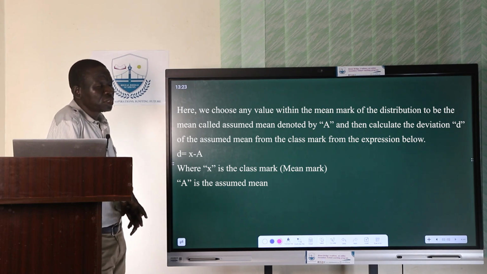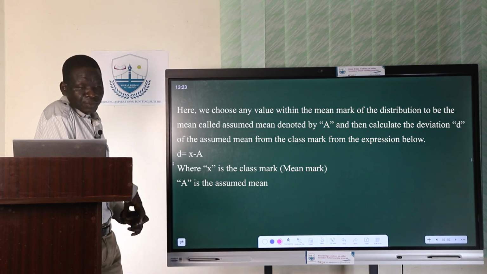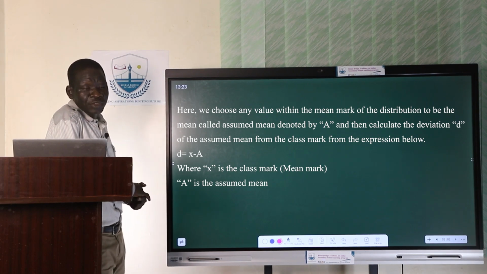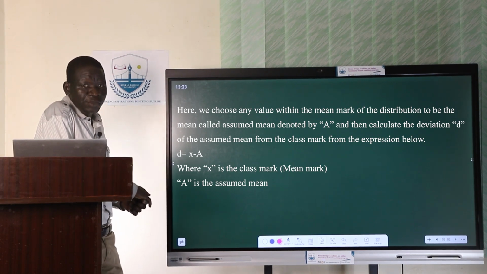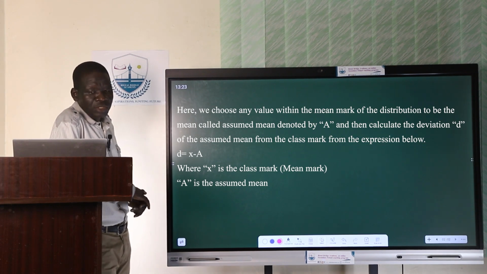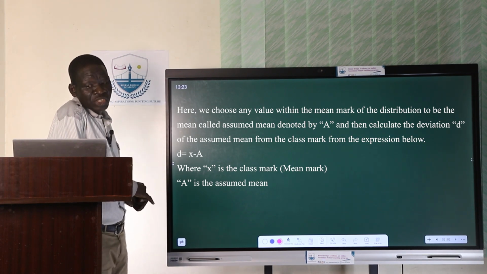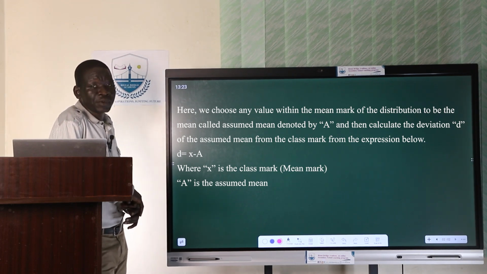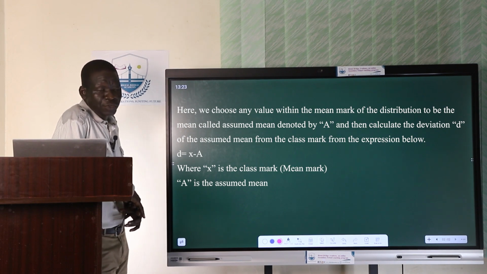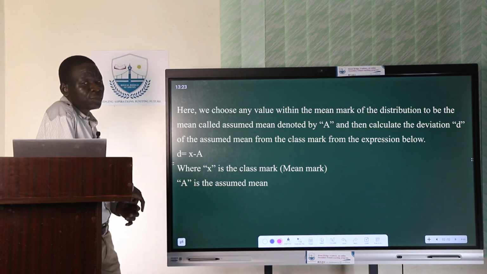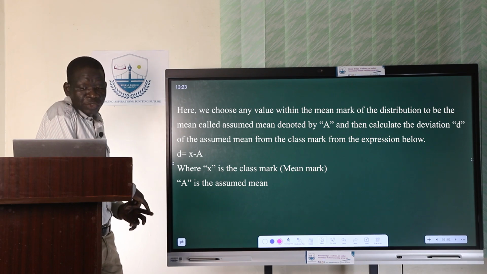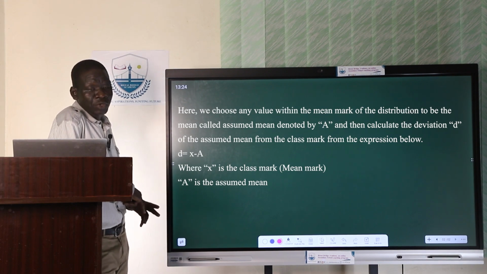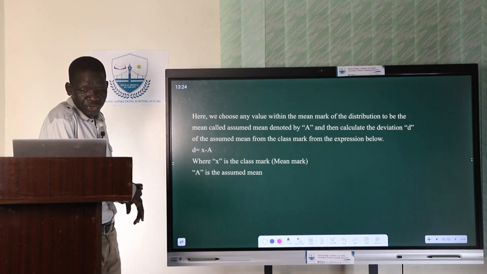The deviation is obtained by the midpoint values, or what we call the class marker values, minus the assumed mean. That is to say, D is equal to x minus A, where x represents the class marker values, or the midpoint values, and capital A represents the assumed mean. So in that column, we shall have obtained the values of deviations.